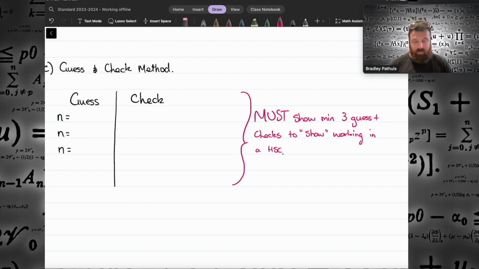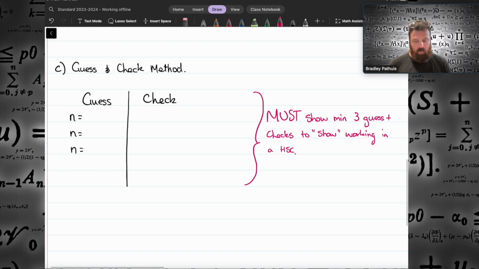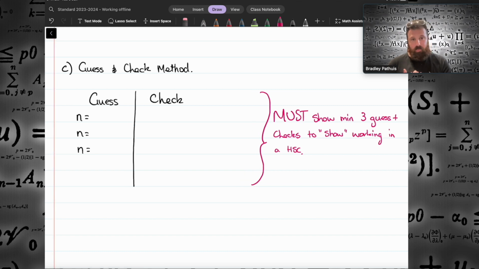You might accidentally guess it correct on the first go, so quickly just add 2 more in, and you're off and running. The likelihood you guess it on the first go is pretty low, but it's important that 3 is the standard for showing our working out.